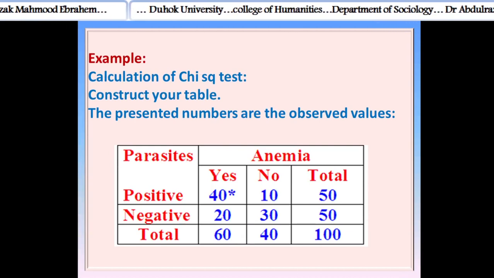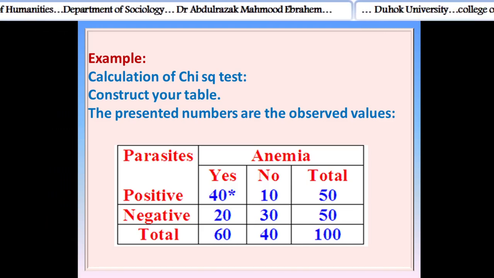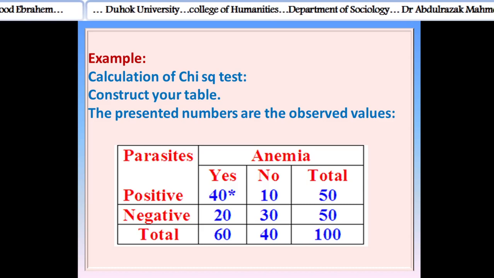We take another example, an example calculation of the chi-square test. Construct your table. The presented numbers are the observed values: parasites, positive or negative, and total, with anemia, yes or no, and total.